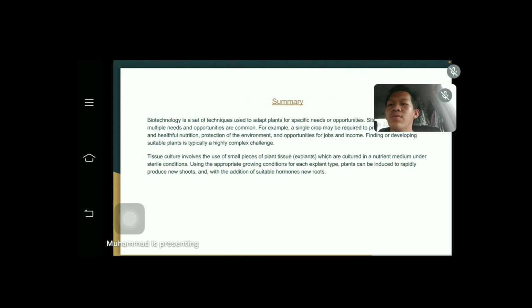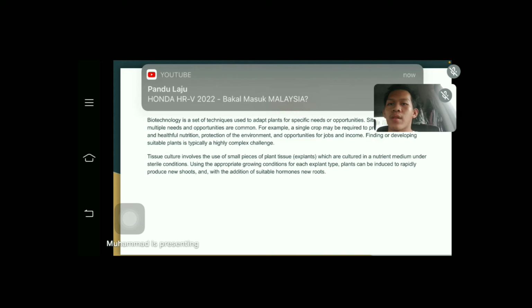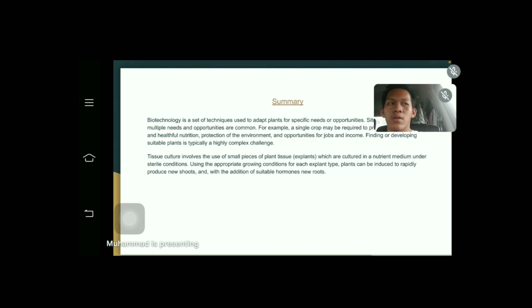Tissue culture involves the use of small pieces of plant tissue which are cultured in a nutrient medium under sterile conditions, using the appropriate growing conditions for each explant type.